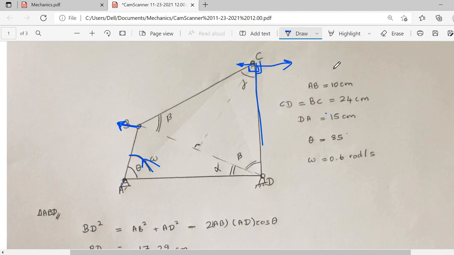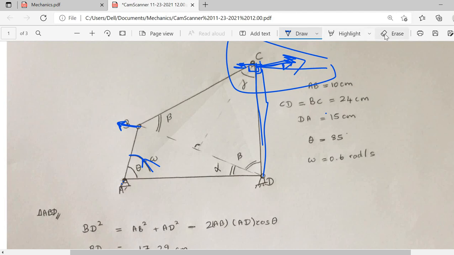Be careful, it won't be horizontal. In some cases it might be, but here it's not 90 degrees, so these lines won't be horizontal. So there will be an angle, so we need to find what's the angle between this horizontal line as well as the velocity of C's direction. So these are the main points.